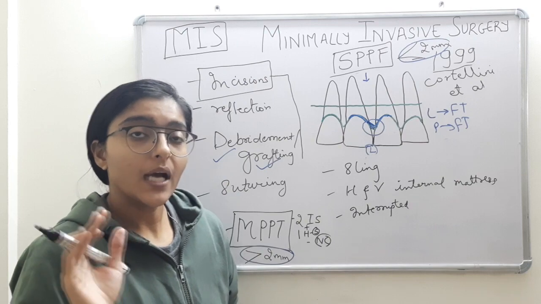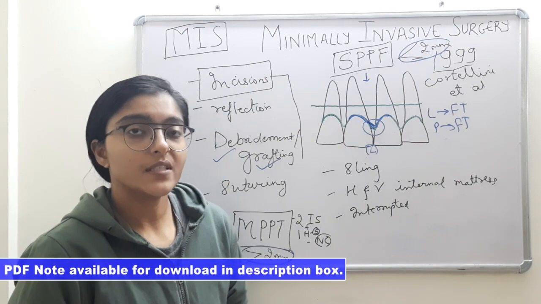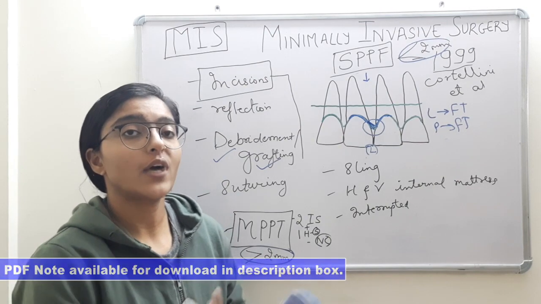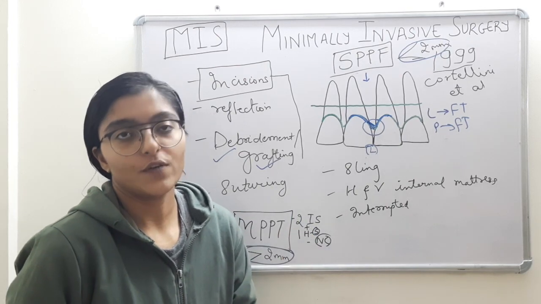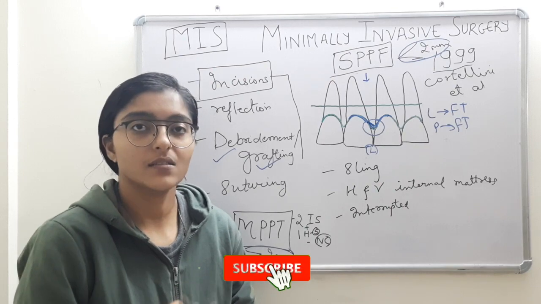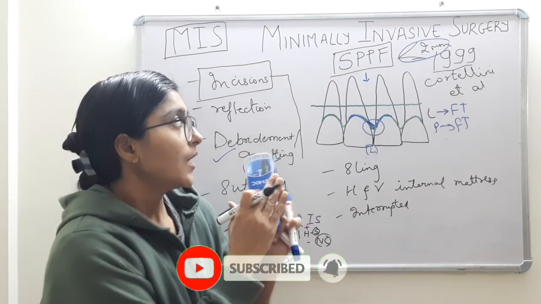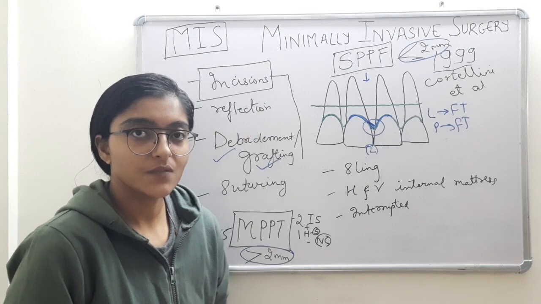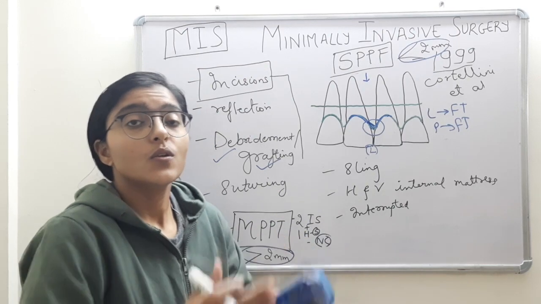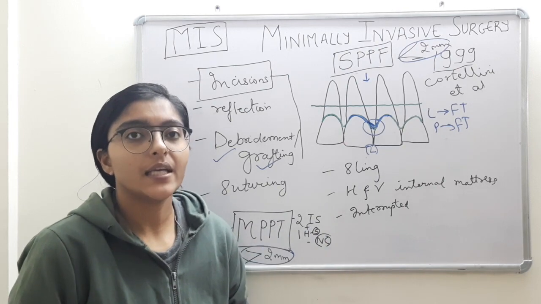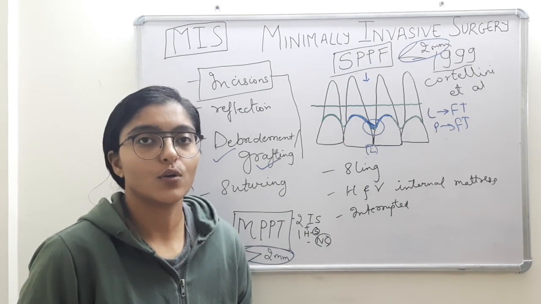In that MIST approach, the flap design was based on the principles of either MPPT or SPPF based on the width of the interproximal region. That's it. I hope MPPT as discussed in the previous video, SPPF as discussed in today's video, and so the technique MIST is now clear to all of you.